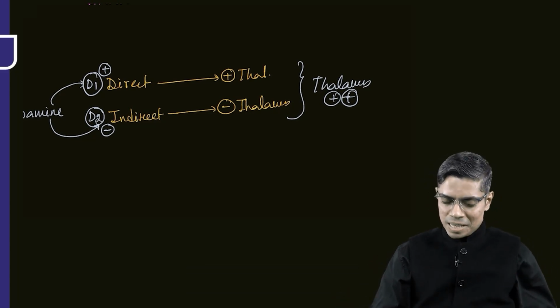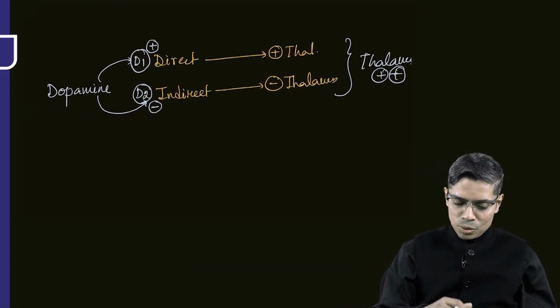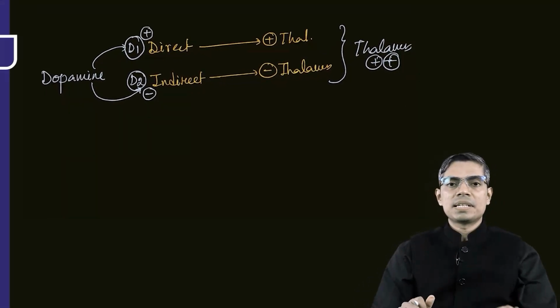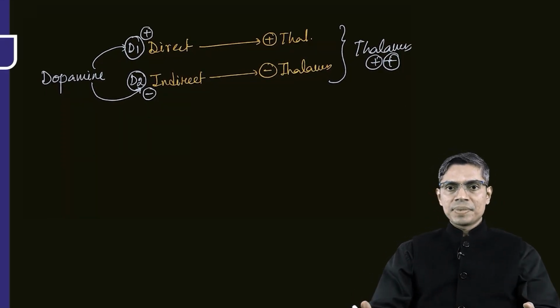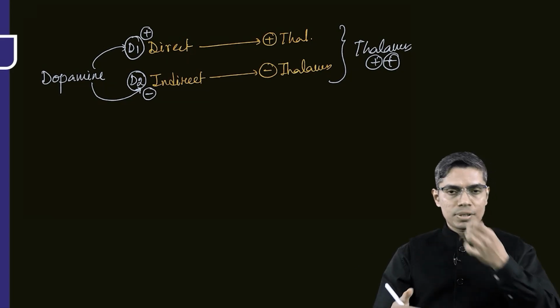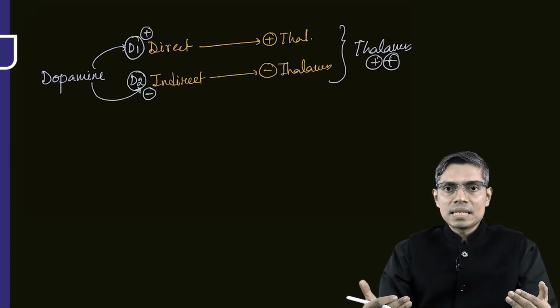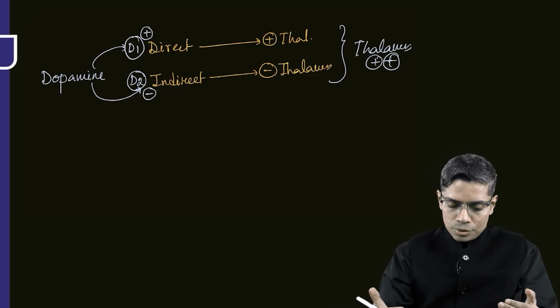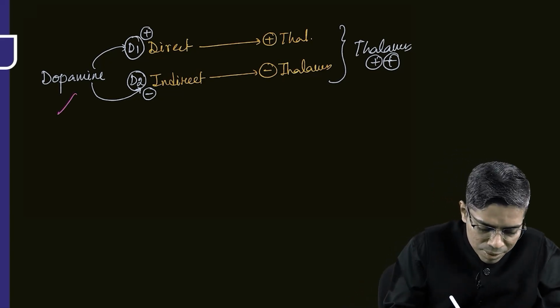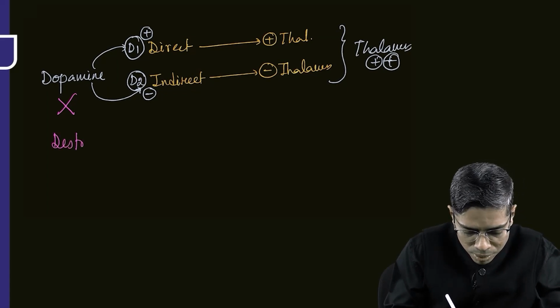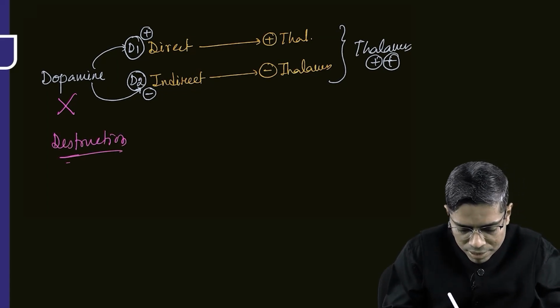Getting my point? That's why we all know that dopamine is present normally in this basal ganglia loop, and this dopamine is enhancing the thalamus. It is giving positive feedback to the thalamus. Even unwanted movement is inhibited by this dopamine. So that's why all of you know that if there is destruction of this dopaminergic neuron, what will happen?